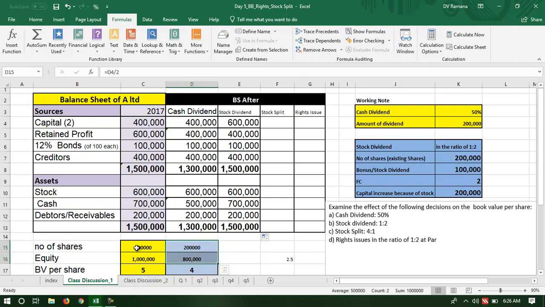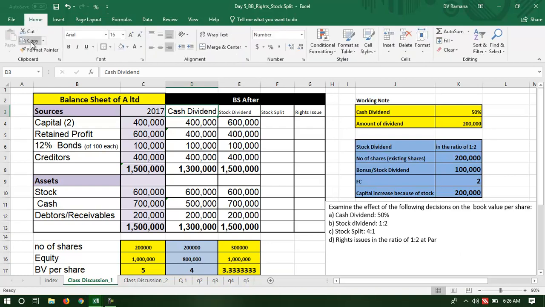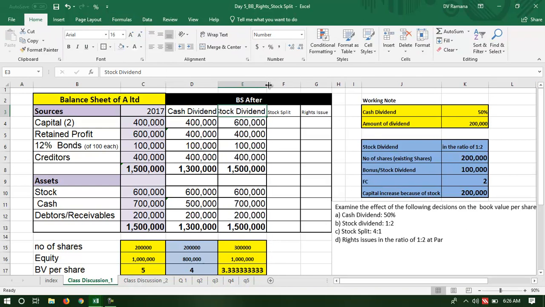What is the impact of this on the share data? We can see that the number of shares have gone up. The number of shares have gone up because the capital has gone up. The capital has gone up because we have issued bonus shares to the existing shareholders.